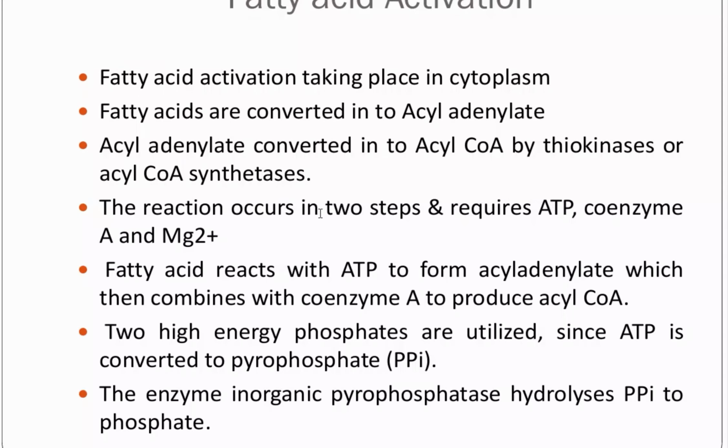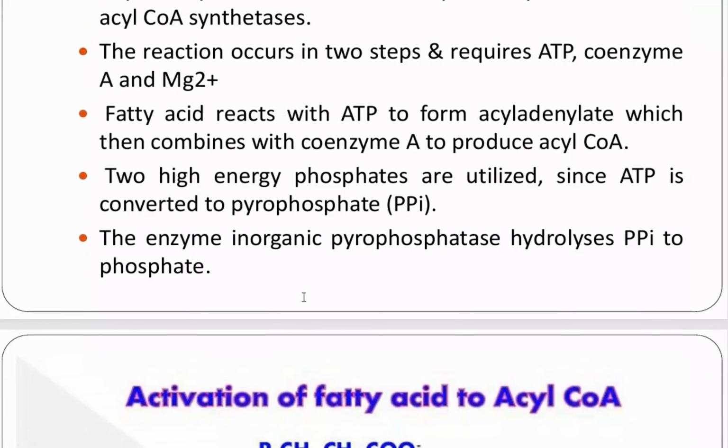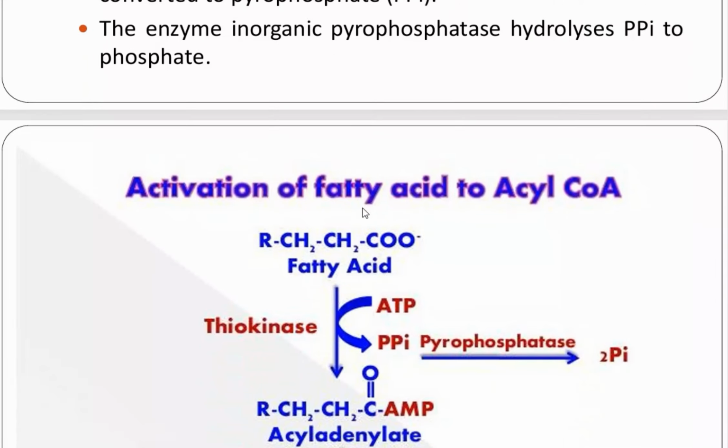The fatty acid reacts with ATP to form the adenylate, which then combines with coenzyme A and produces the Acyl-CoA. So two high energy phosphates are utilized here, since ATP is converted to PPi or pyrophosphate. The enzyme inorganic pyrophosphatase hydrolyzes PPi into phosphate. So this is the reaction sequence: activation of fatty acid to Acyl-CoA.